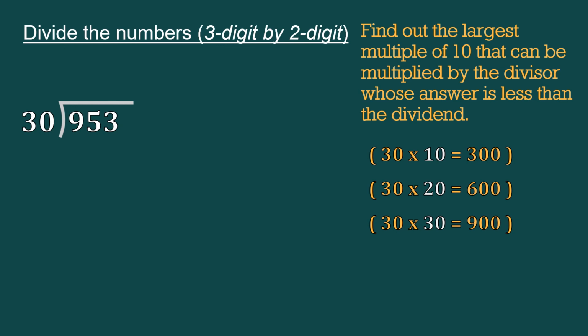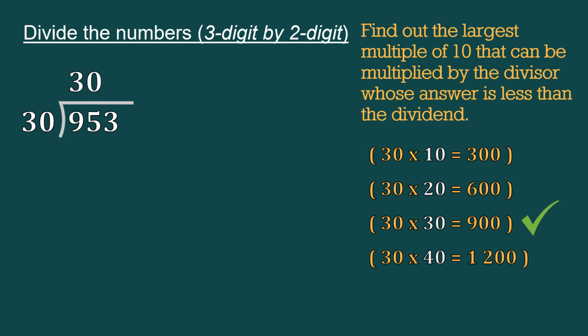We try the next multiple of 10. 30 times 40 is equal to 1,200. At this point, we went beyond our dividend, so we will go with 30 times 30 is equal to 900. Let's have 30 as our partial quotient.